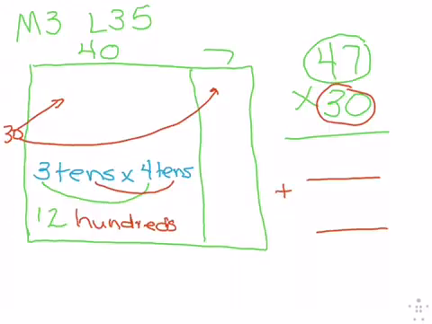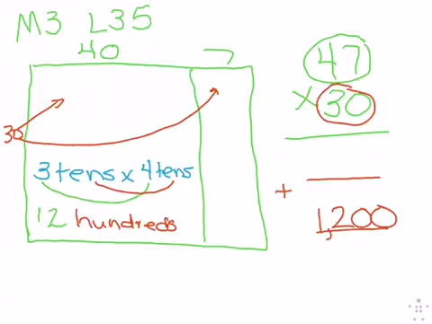When I do 30 times 40, because this 4 is in the tens place, it gets me 12 hundreds. So 12 hundreds looks like this, because it's 12 with a hundreds, which is 2 zeros.